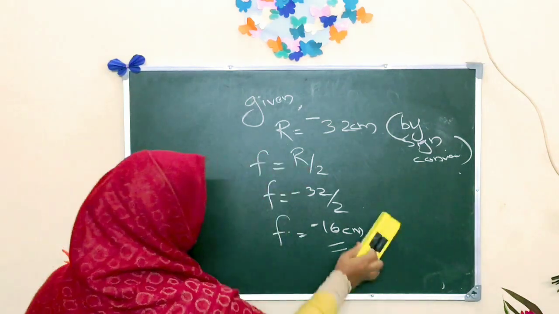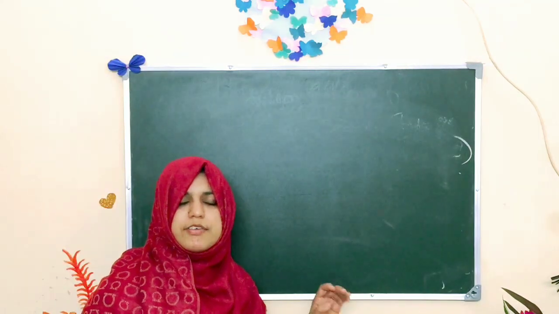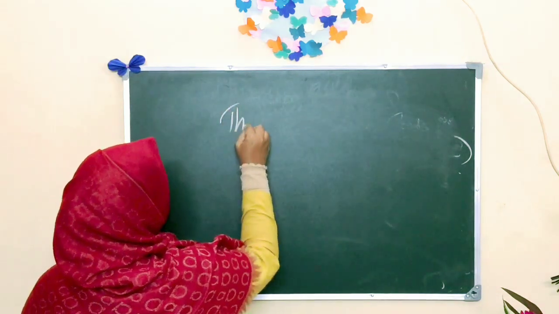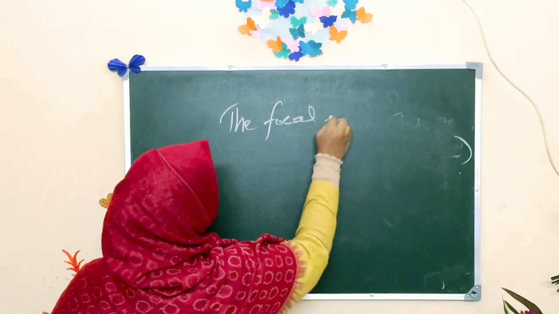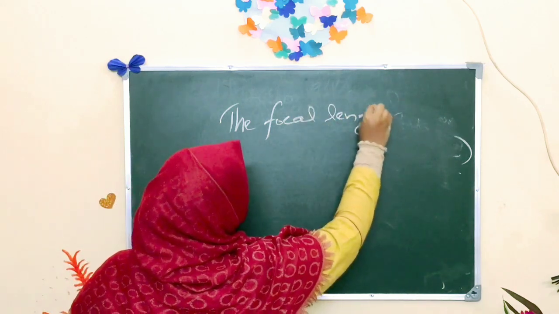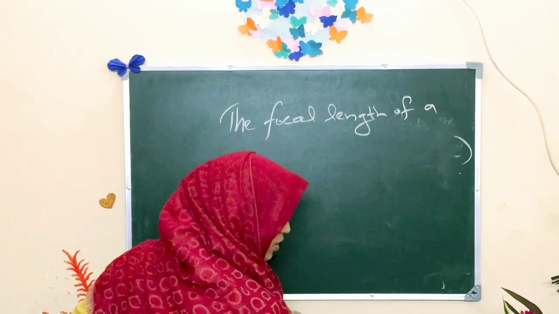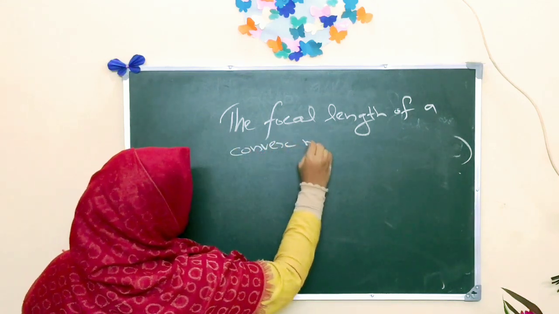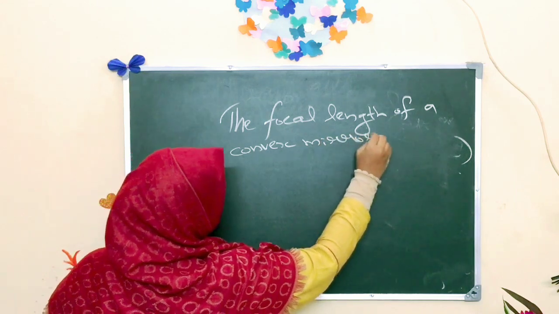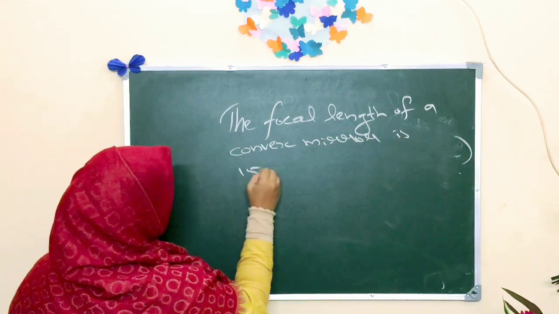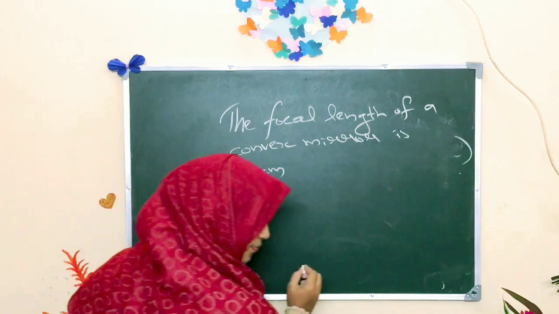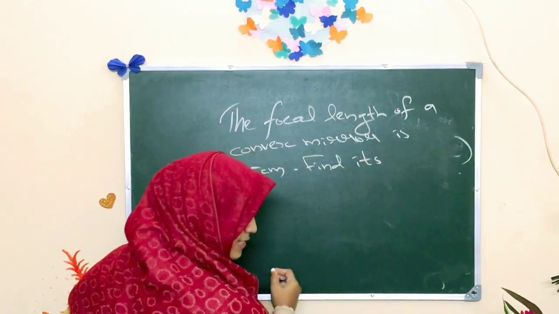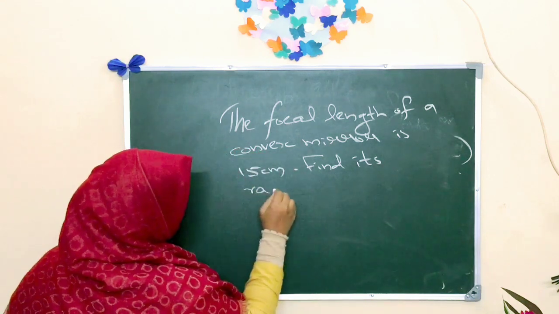Another problem I am giving you here. The focal length of a convex mirror is 15 centimeter. Find its radius of curvature.